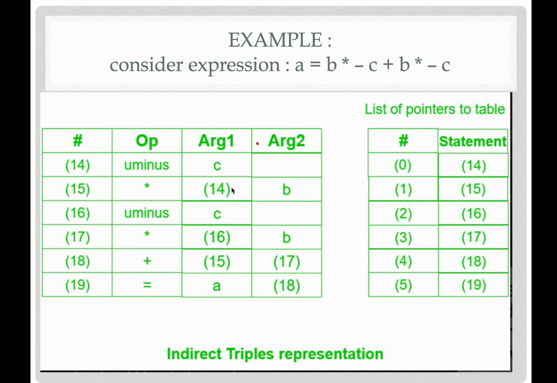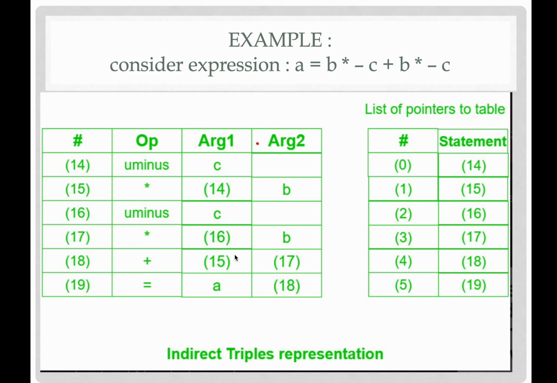So it is the same as the quadruple representation. U minus of c will be the first part of the three address code, and then 0 is pointing to 14. So 14 star b is the second part of the three address code, which is represented as 14 in argument 1, which is the operand, and 14 is multiplied with b and finally stored into 15, which is pointing to 1.